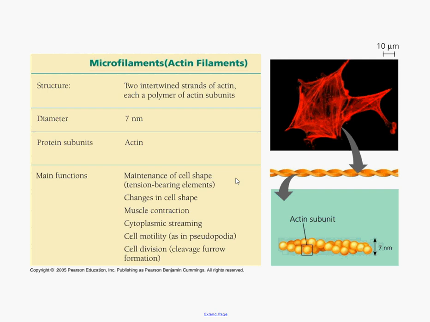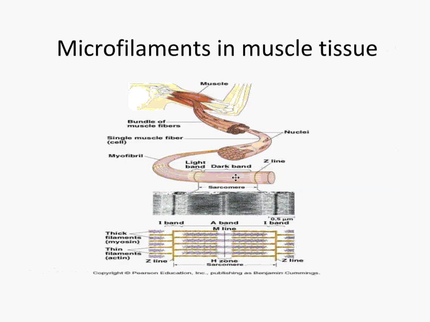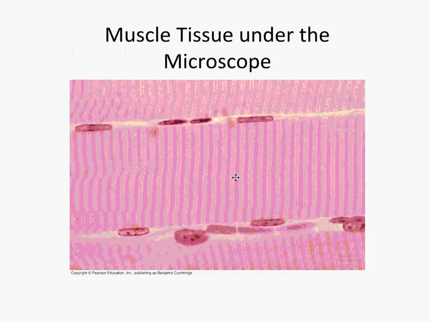They provide a pulling force inside the cell, very abundant in muscle filaments, of course. Muscles are pulling on each other in order to cause your muscle to contract, and so the actin and myosin filaments work together to do that. Here's a picture of some muscle tissue. You can see the bands of these filaments inside each of the muscle cells.